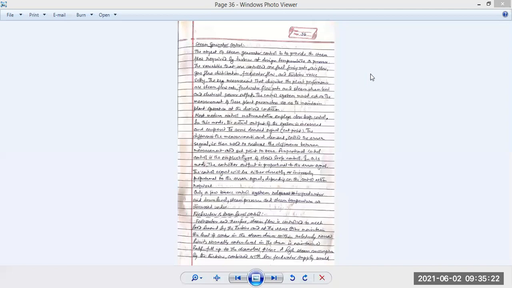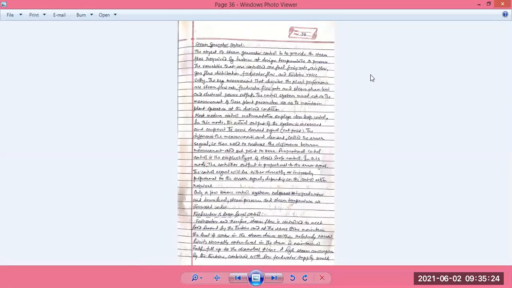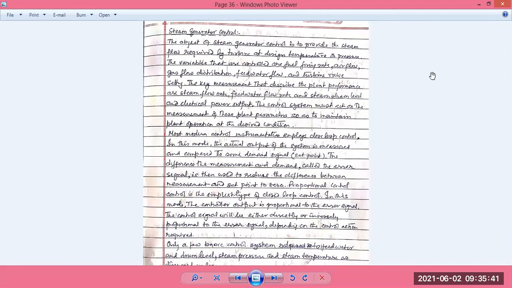Let us start now the steam generator control. The objective of steam generator control: there are so many units, the incoming air, outgoing steam, and conversion of water to steam.